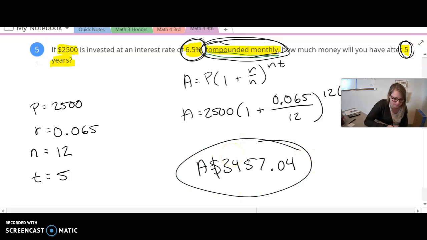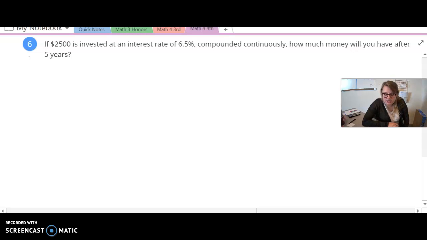All right. So now this is number 6 on that same assignment. This is the same question, but there's one thing that's different. Again, 2,500, 6.5%, compounded continuously. That is the only change with this problem. Then how much money will you have after 5 years?